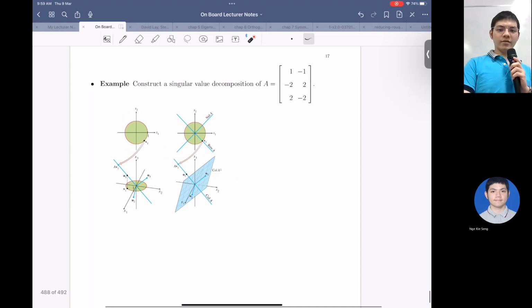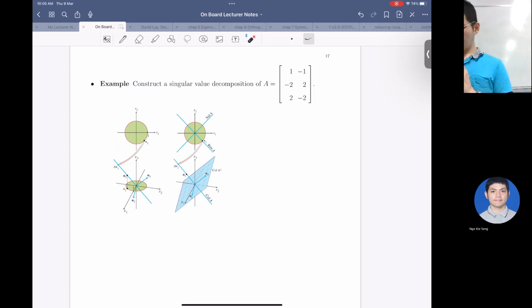Let's together go through this example. Let's together compute this example. Go through all the nitty-gritty details. Let's go through the detail where we want to find the singular value.